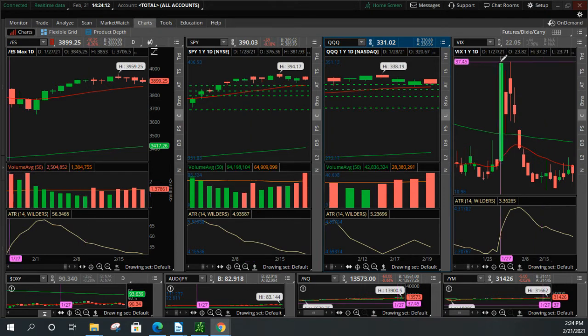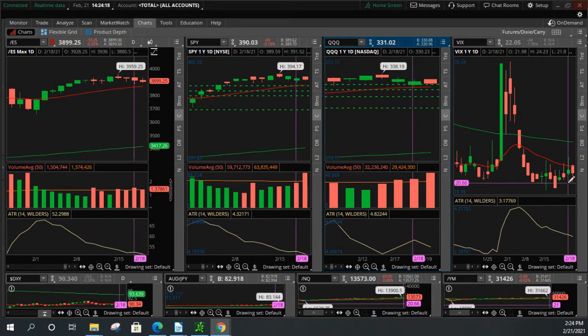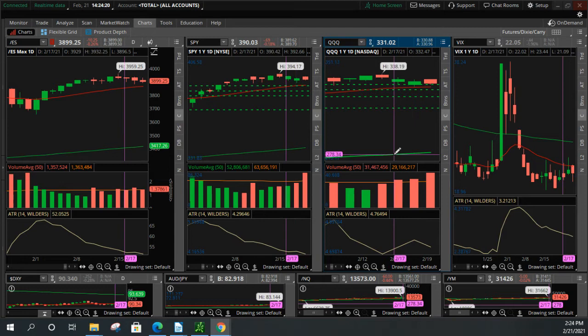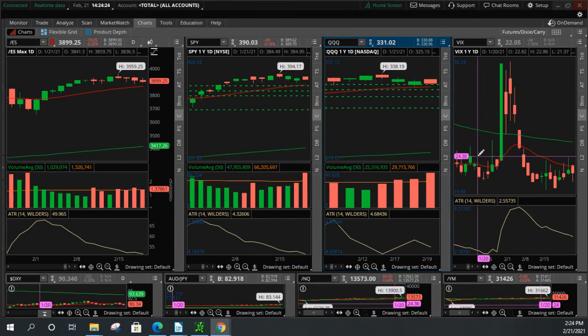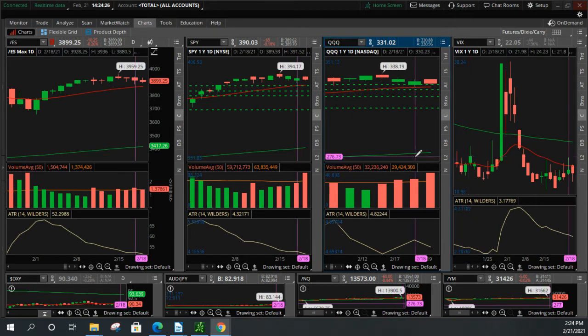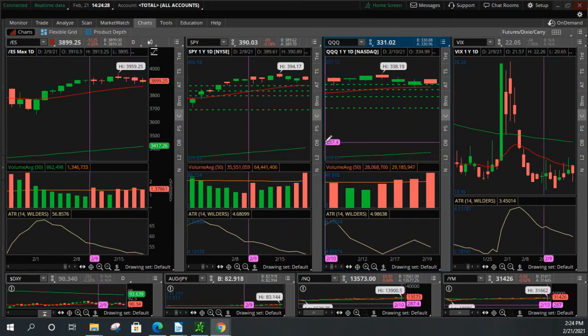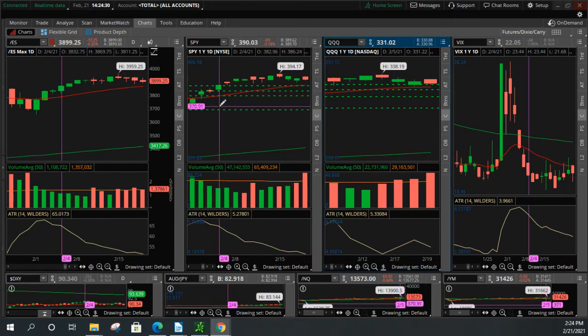Essentially, if the VIX is up, your SPY and your QQQ, your ES, are going to be going down. If the VIX is down, then your stocks are going to be going up. So you always want to keep a good look at the VIX to help you figure out your market direction.